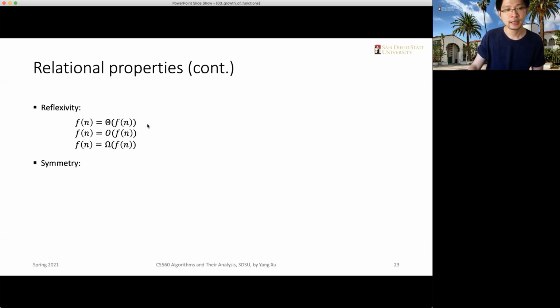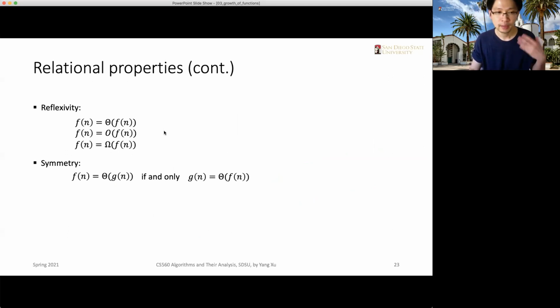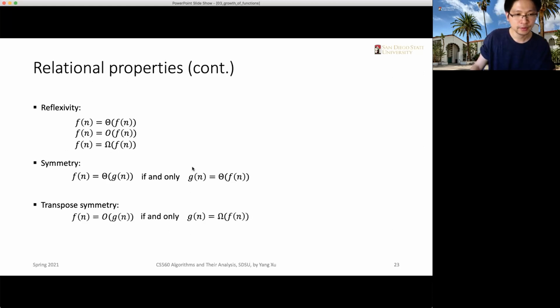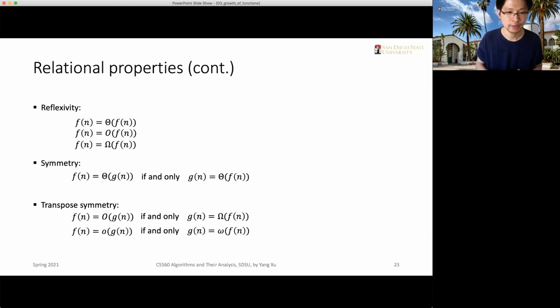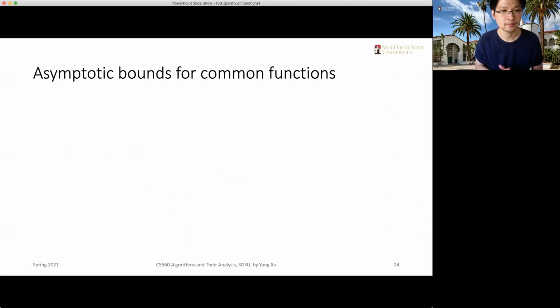And symmetry basically says that one function is the tight bound for the other if and only if the opposite relationship also matches. And transpose symmetry describes the relationship between big O and big omega: one function is the upper bound for the other if and only if the other one is the lower bound. I think all these relationships quite make sense.